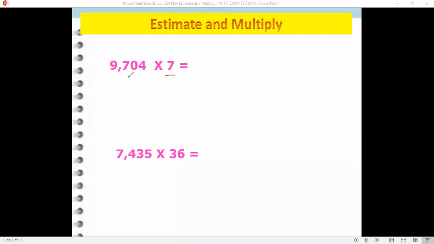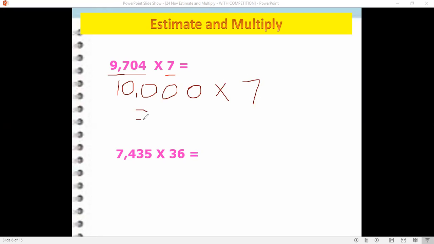Yes, only 9,704 we are going to round because the next factor is 7. We have only 1 digit, so we are going to round only 9,704, which is 10,000 times 7. What is the answer? Yes, 70,000.